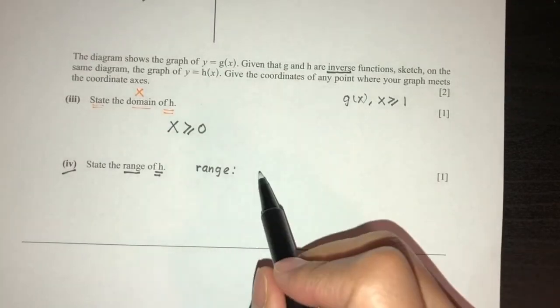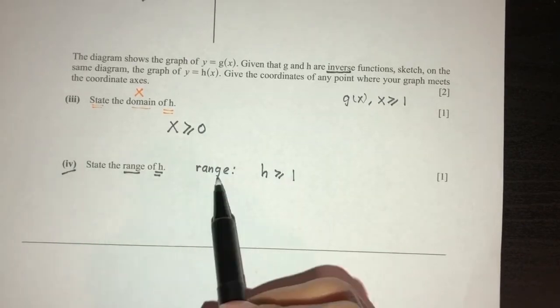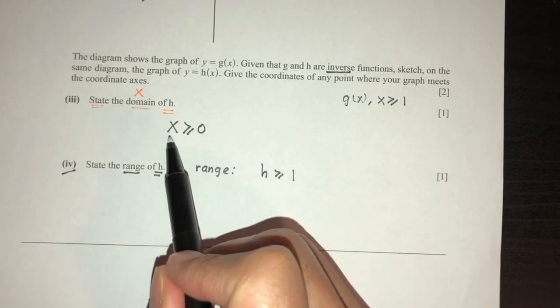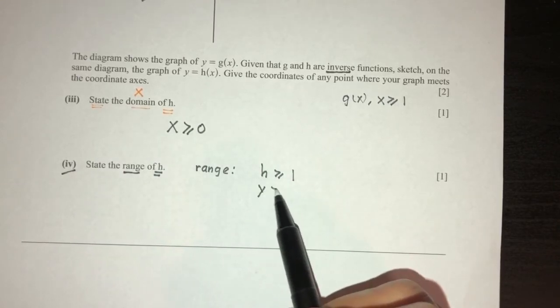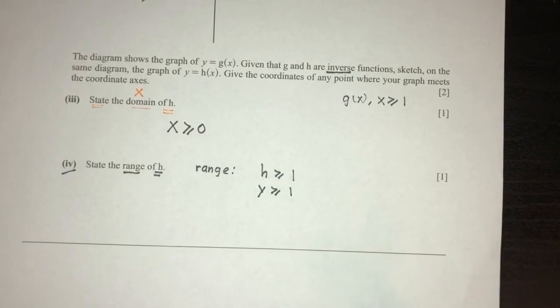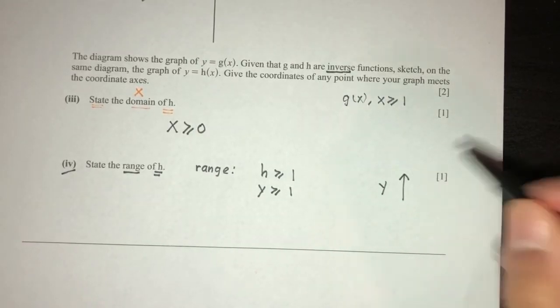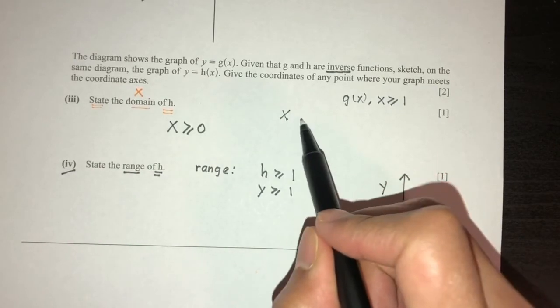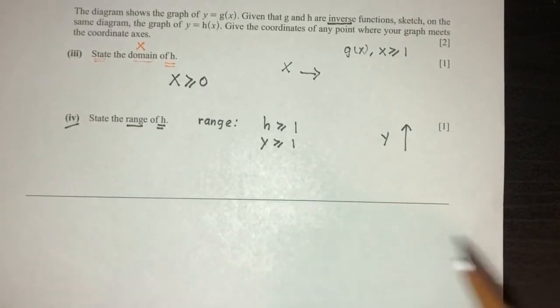When you write range, you don't write x. X is only for domain. For range you can write h, or you can write y is more than or equal to 1. It is up to you. Range is the y values, the y-axis, and domain is the x-axis. So remember this when you have to find these two values. Now something that can be useful in other questions is that we can use a trick.